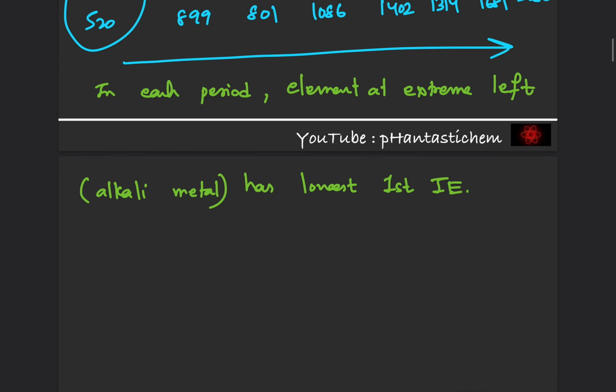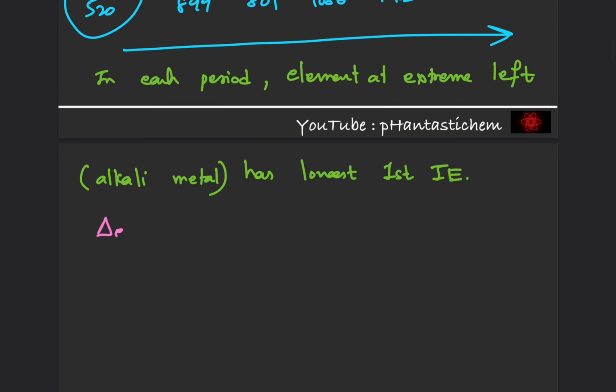Now coming to electron gain enthalpy. So electron gain enthalpy of an element is the energy released. It can be absorbed also for a few elements when a neutral isolated gaseous atom accepts an electron to form the gaseous negative ion, or you can say the anion.